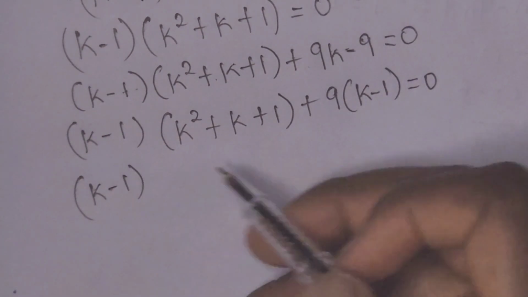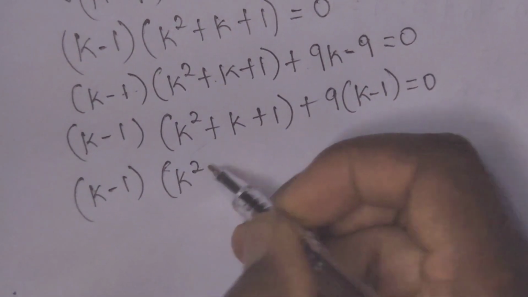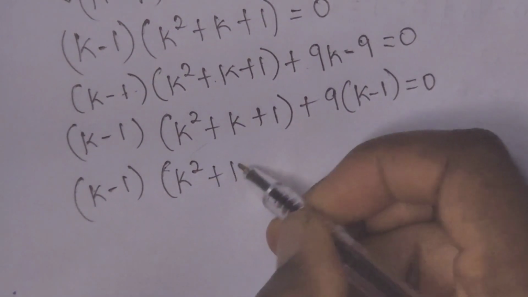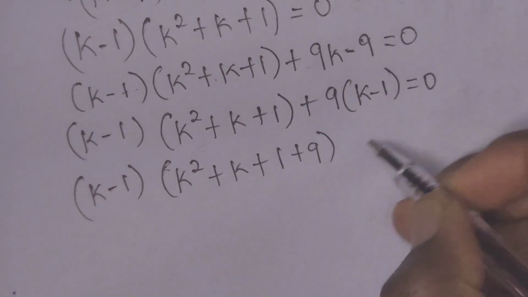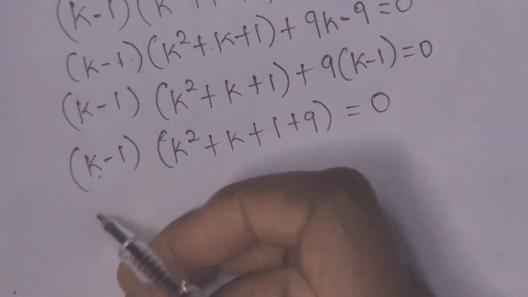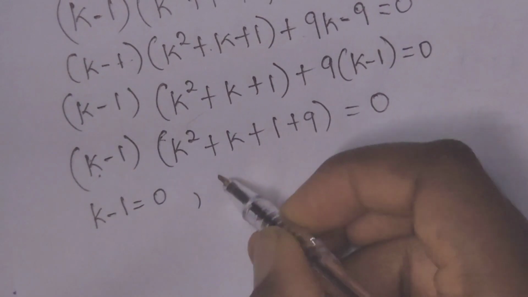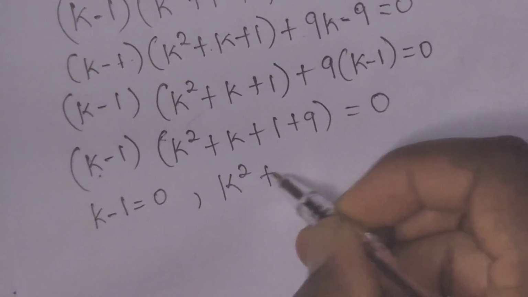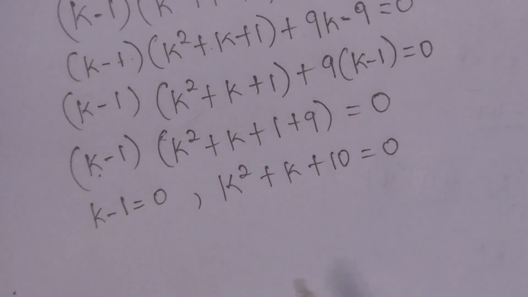Since we have two of them, we factor out k minus 1, times k squared plus k plus 1 plus 9, equal to 0. So this simply means that k minus 1 is equal to 0, and k squared plus k plus 10 is equal to 0.